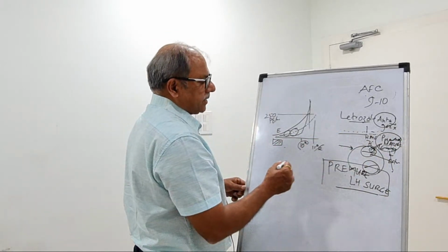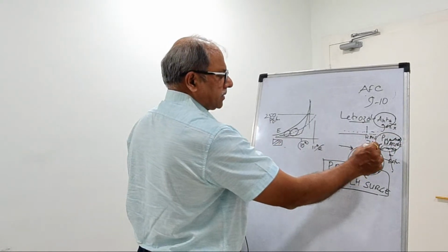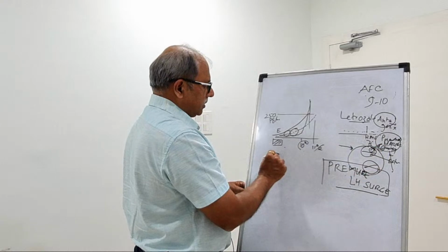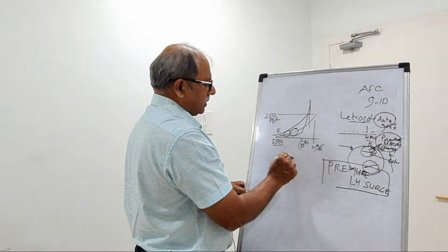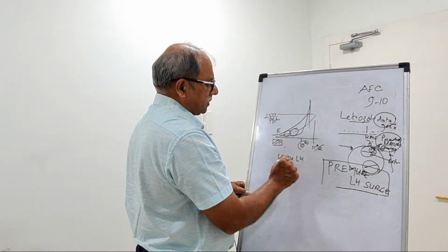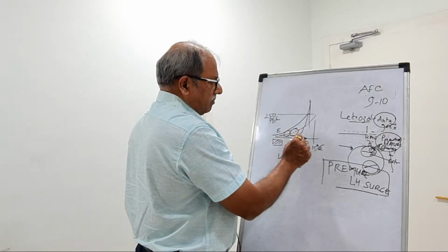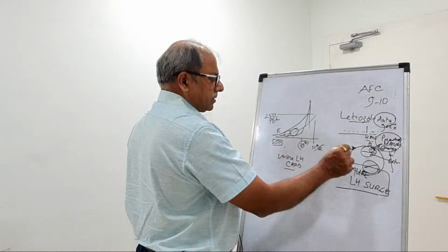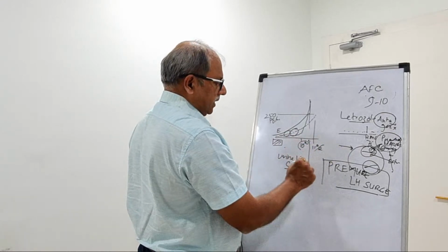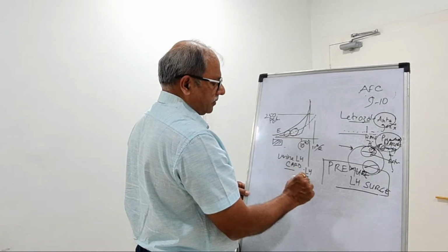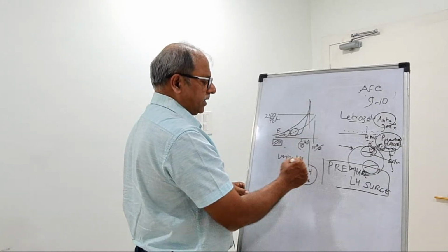What did I do? On the 16th, I could have used a urine LH card, which I do often, but this time I did not use it. What I did was serum LH on the 11th day with P4. The patient was paying, so I did it.